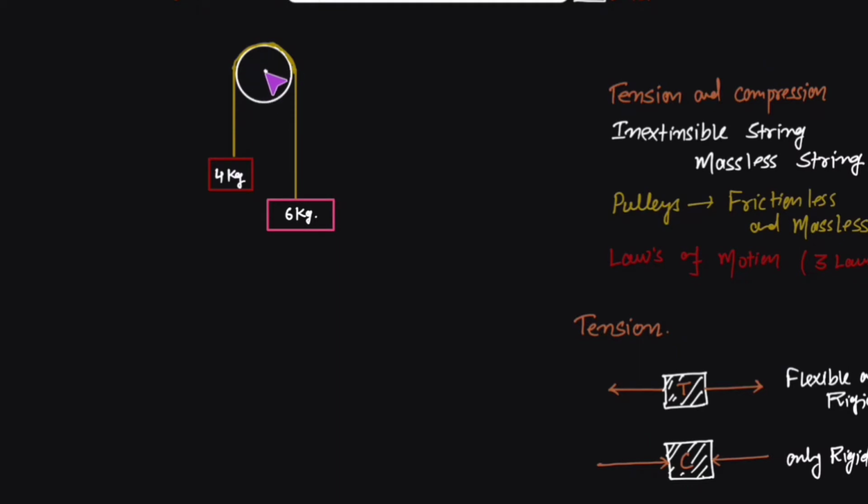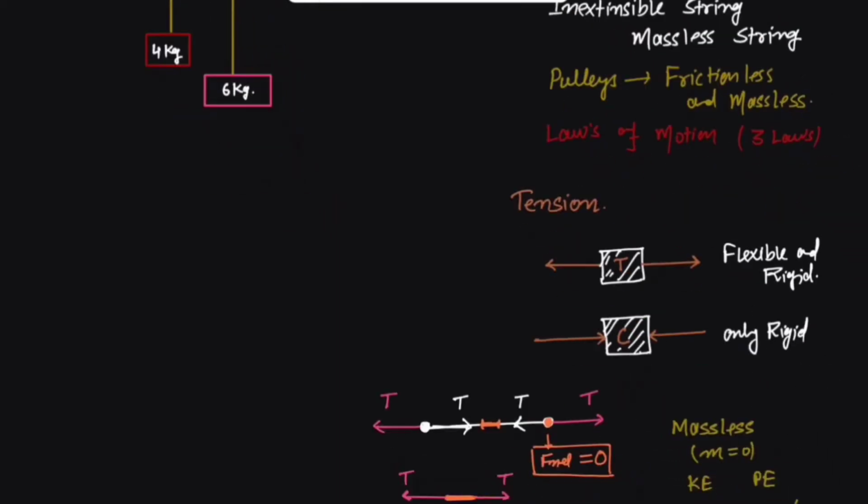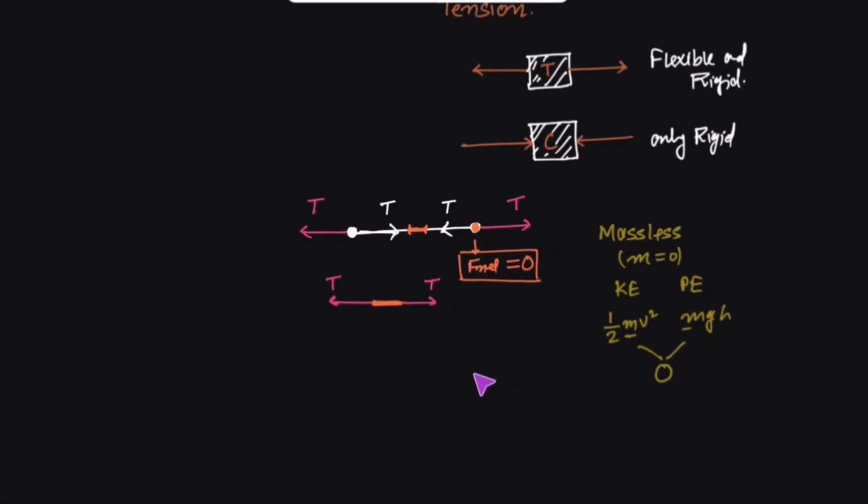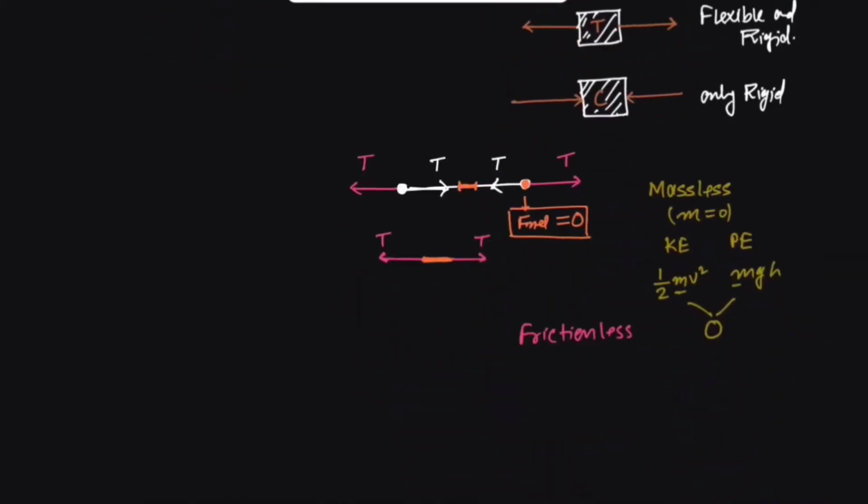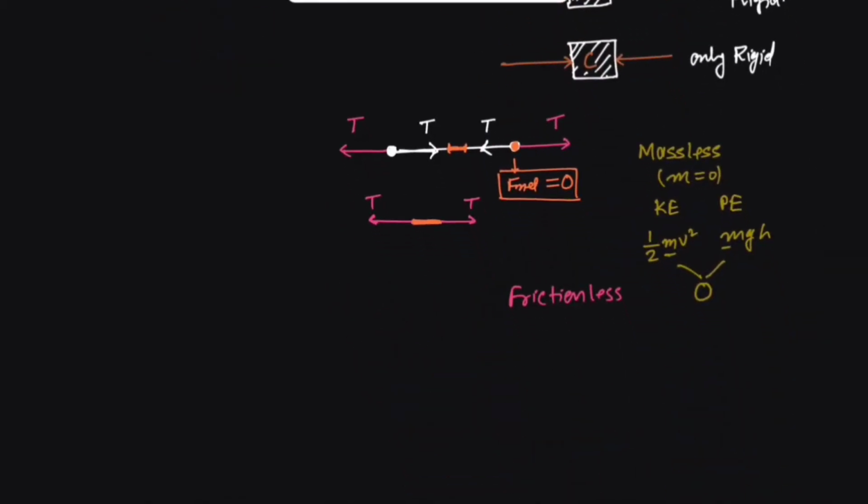When the pulley is frictionless, in a typical pulley string arrangement, there is a mass m1 kg. On the other hand, there is another mass m2. So this mass would be applying some tension on the string, and as I told you, the string would apply some tension on the object m1.